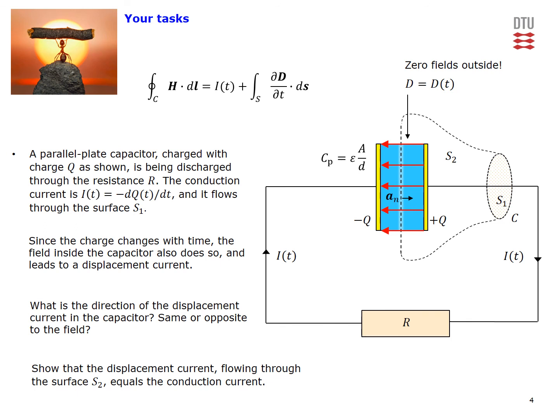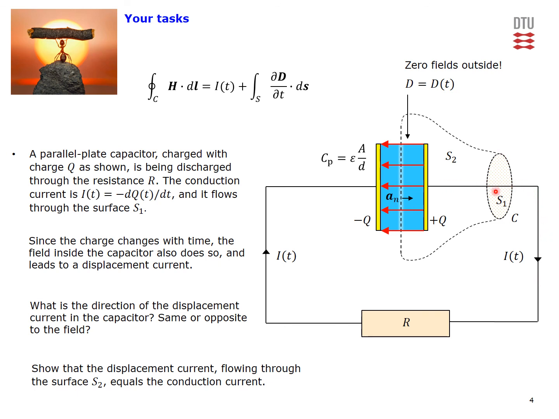We have a parallel plate capacitor which is charged with some charges plus Q and minus Q as shown over here, and this capacitor is being discharged through this resistance over here. The conduction current will be given by the expression here, and it will flow in this particular direction.